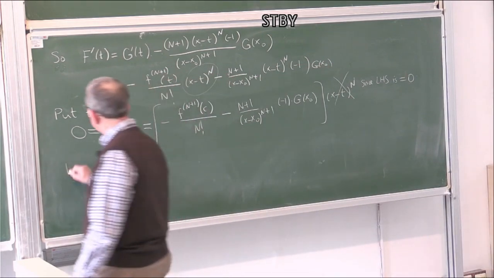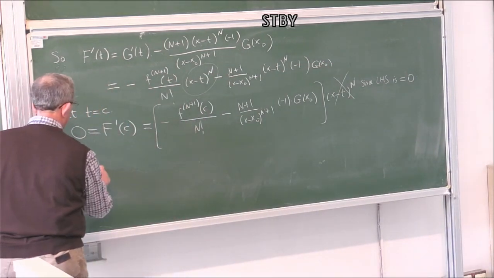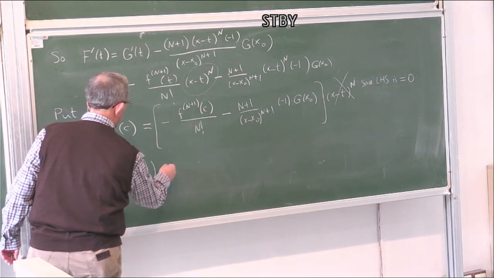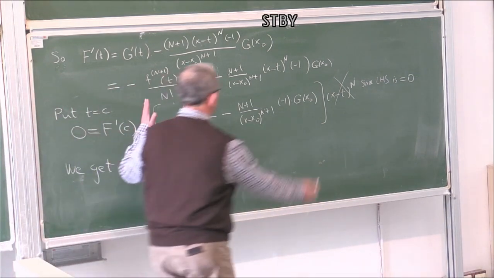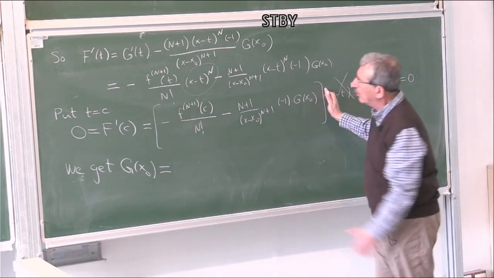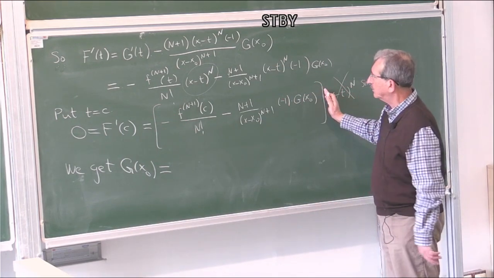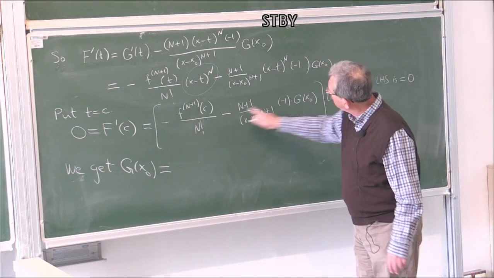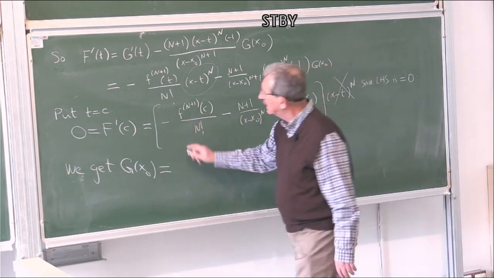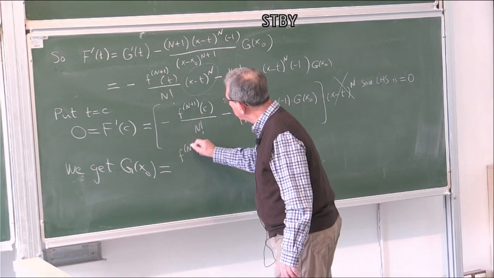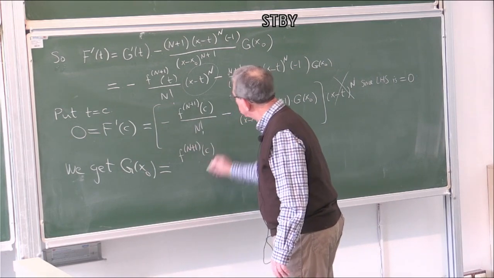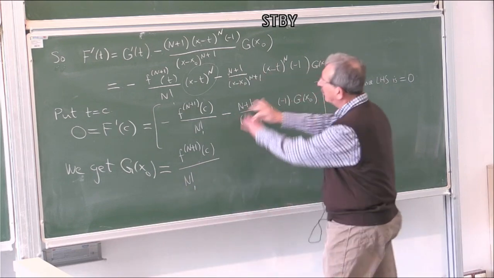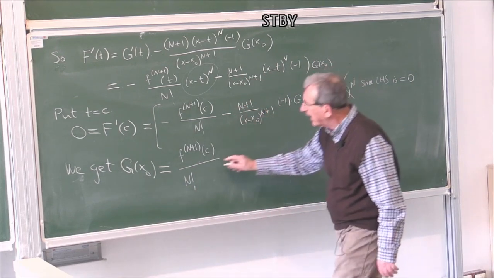Finally, we get g of x0 equal to, so this term is 0 now because the left side is 0. It is equal to then, this is plus and this is minus, so it is f of n plus 1 at c divided by n factorial, but equating and dividing by n plus 1.